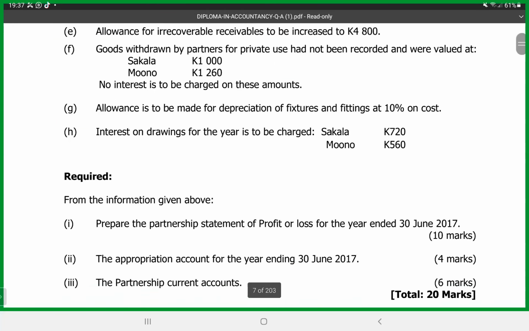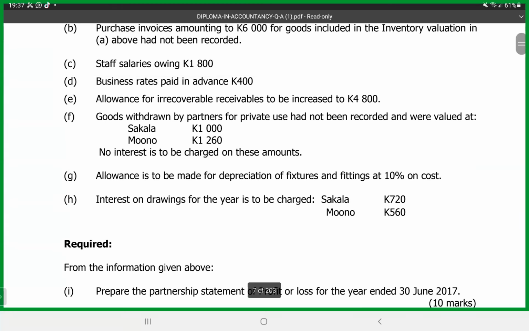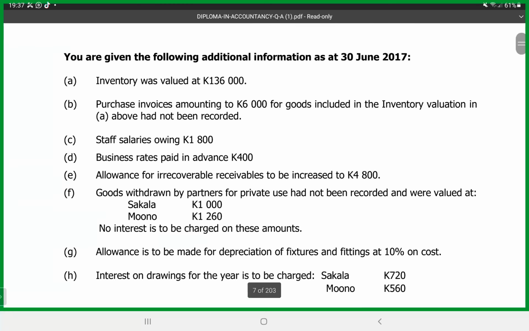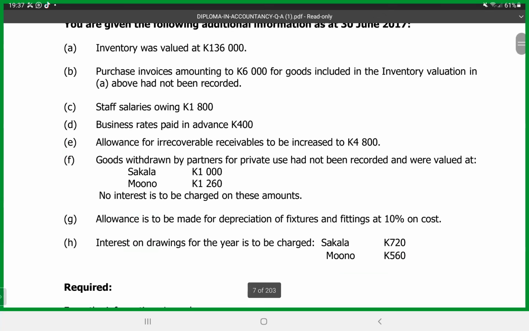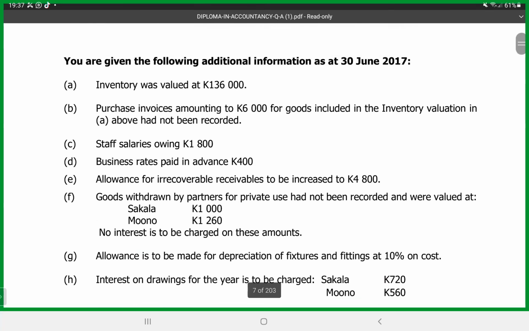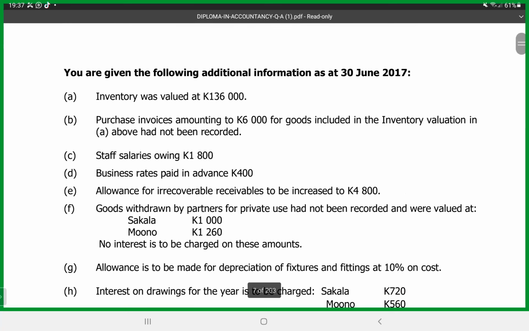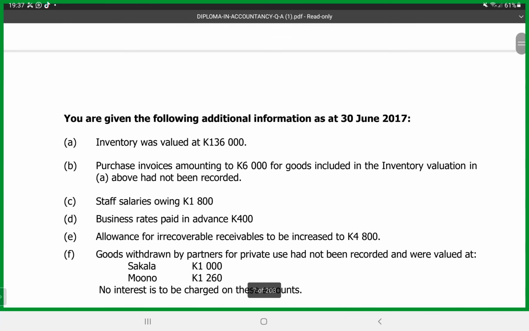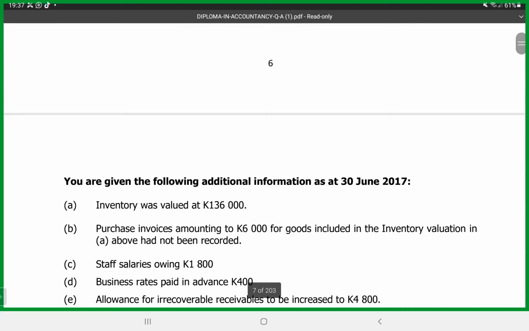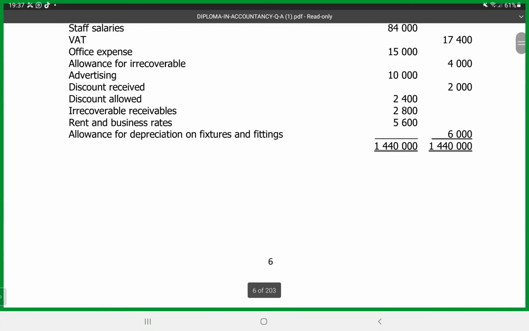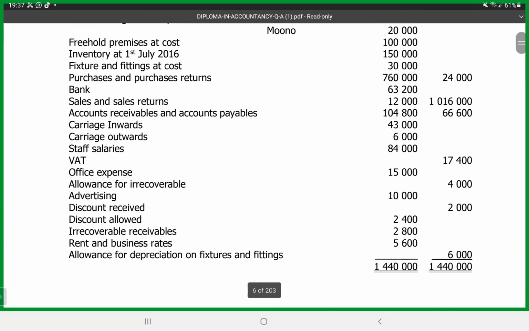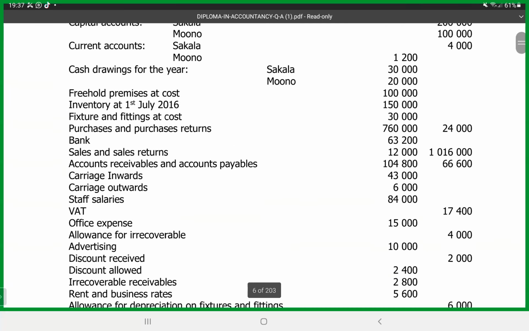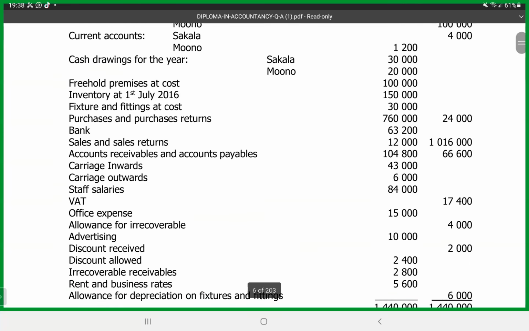What was the interest on current account for Mono? Do we have the interest on current account? We have a lot of data set given.